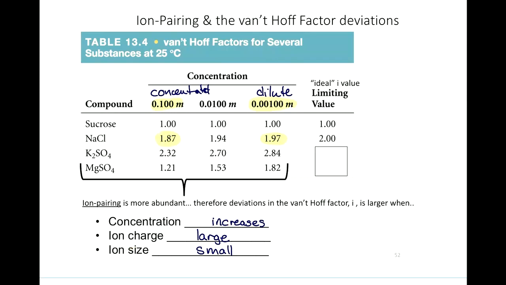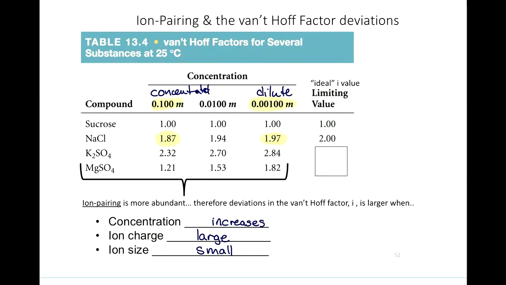All right, ion charge also affects Van 't Hoff factor, because the idea of ion pairing is just that you have a cation and anion that are attracted to one another momentarily, reducing your number of particles. So think about it. Ions, are they more attracted when it's plus one minus one, or plus two minus two?